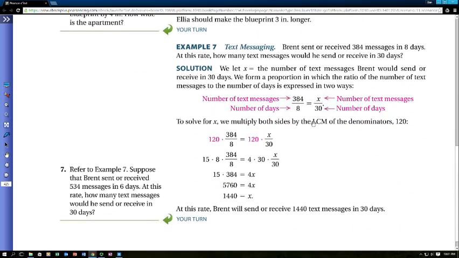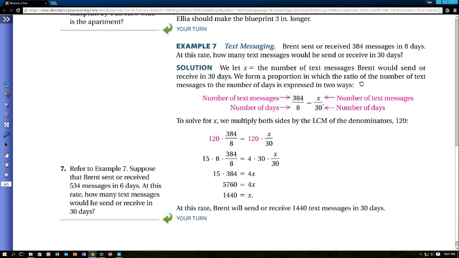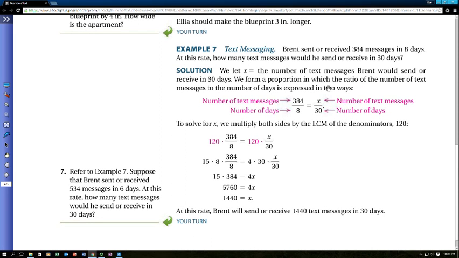This next example is text messaging. It's talking about Brent, who sent or received 384 messages in 8 days. How many text messages would he send or receive in 30 days? Well, they start defining the variables right away, which is good. They say let X equal the number of text messages Brent would send or receive in 30 days.